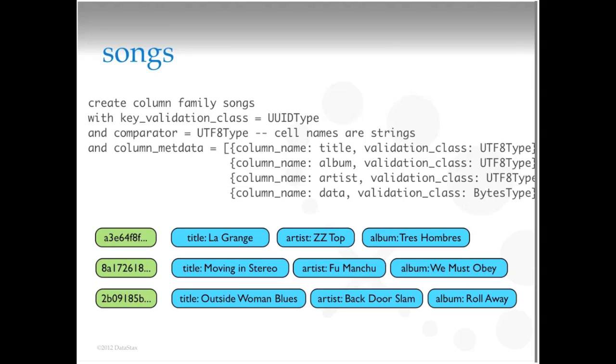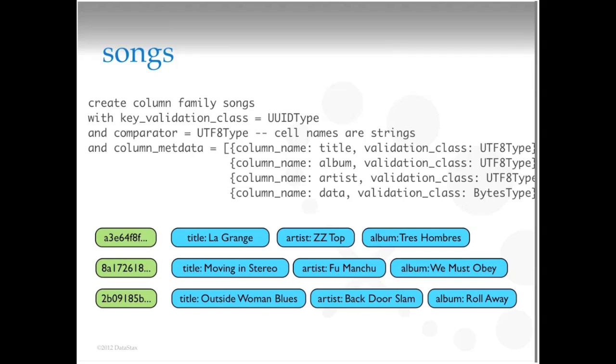Then I give it a comparator, and for each column I give it a column metadata entry with a name and a validation class. So this is still fairly straightforward. It's kind of verbose and a little bit clunky to remember the syntax, but it's fairly straightforward.